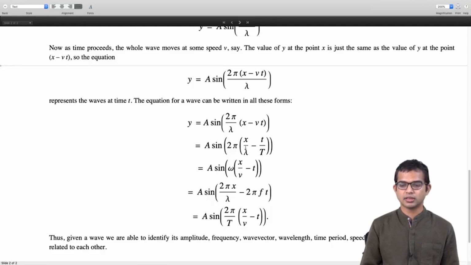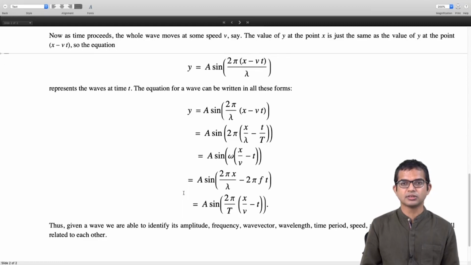Sometimes the wavelength appears in this form in place of the speed. It's more convenient to put in a time period, or there is an omega that you can work with, or you can work with a wave vector and so on, right? Period, speed, the standard relationship between these quantities, and I'm just collecting together information that we already have, right?